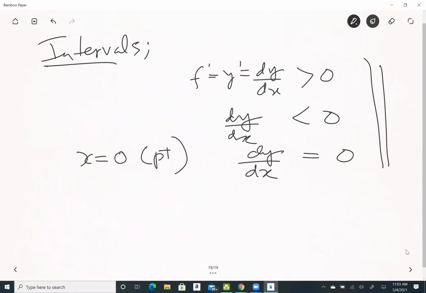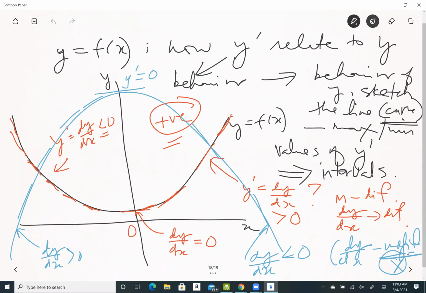It's not an interval. So based on that point, as you can see, that will separate the positive derivative or the positive slope and the negative slope. Similarly for the blue line, dy/dx equal to 0 occurs at the point x equal to 0. And then what happened? You will see on the left positive slope, on the right negative slope.